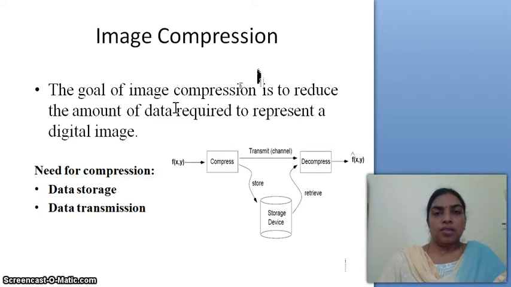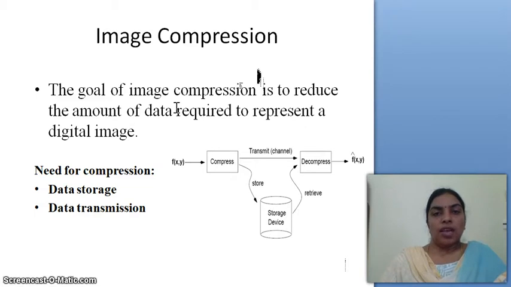Each pixel is represented in 8 bits. So m into n into 8 bits are required to store or to transmit that image.